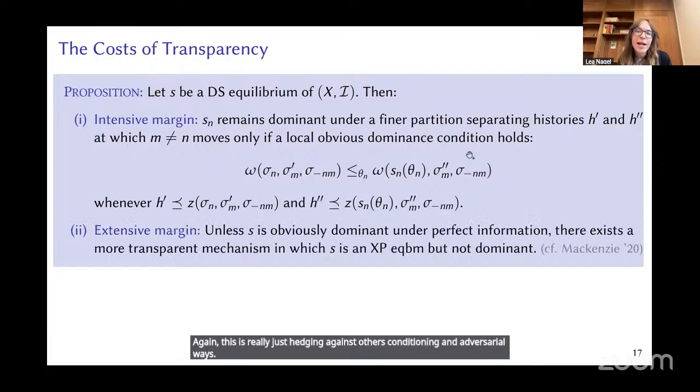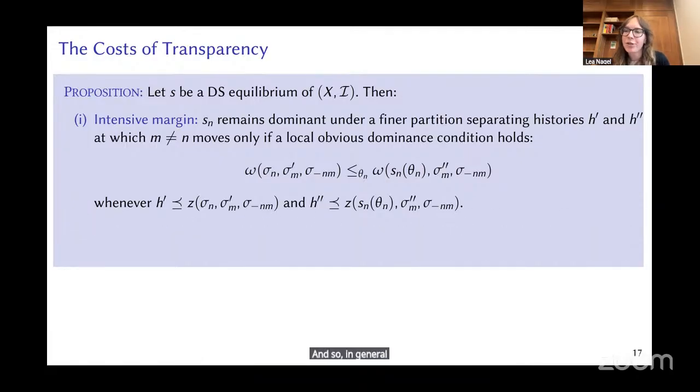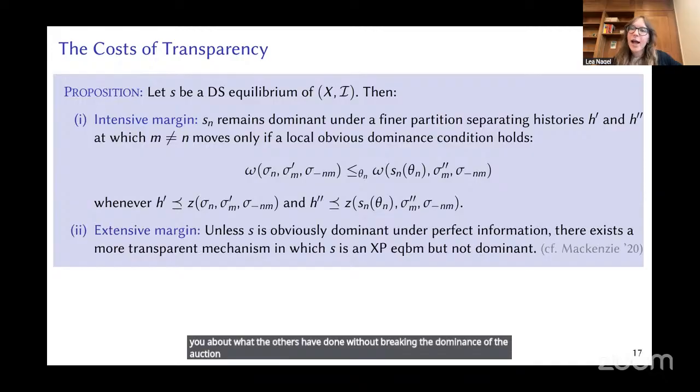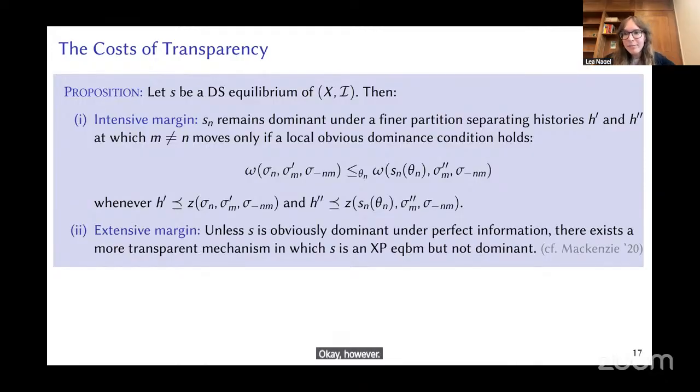Okay? And so in general, this is going to be very hard to do. So in a second price sealed bid auction, I can't reveal anything to you about what the others have bid. If you're the last bidder on the tree, I can't reveal anything to you about what the others have done without breaking the dominance of the auction. Okay. However, there are some trees along which you can actually reveal all the information.